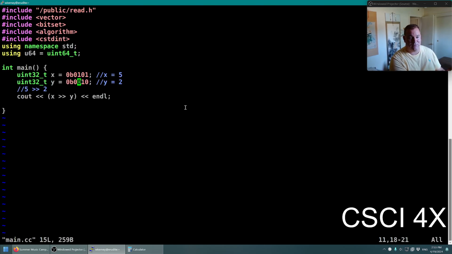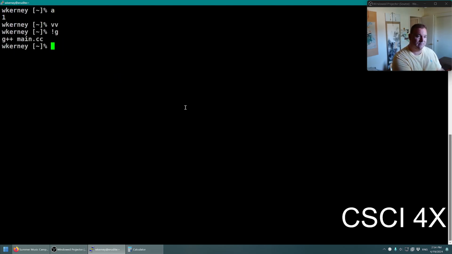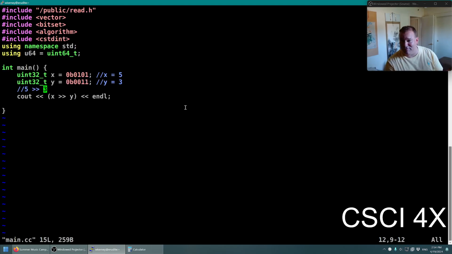What if we right shift it 3 times? What do we have now? 5 right shifted 3 times. Zero is correct. We've thrown everybody off the cliff at this point. We've got nobody left. Okay, so that is left shift and right shift, but we haven't done not.